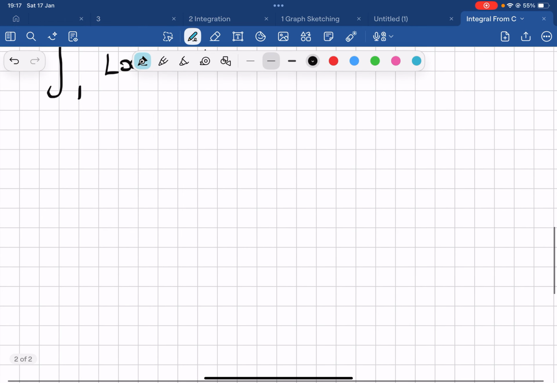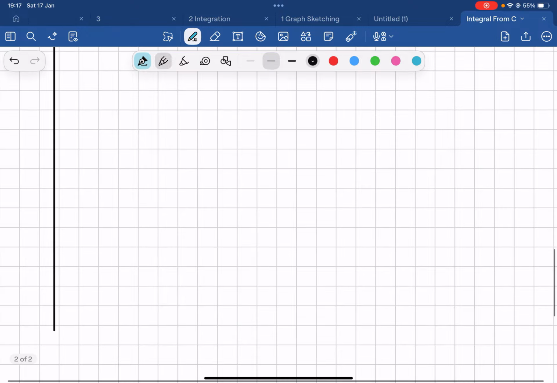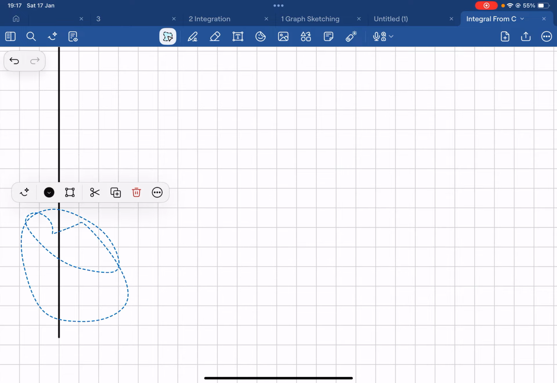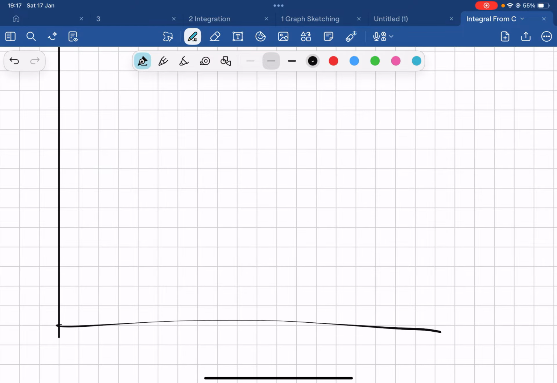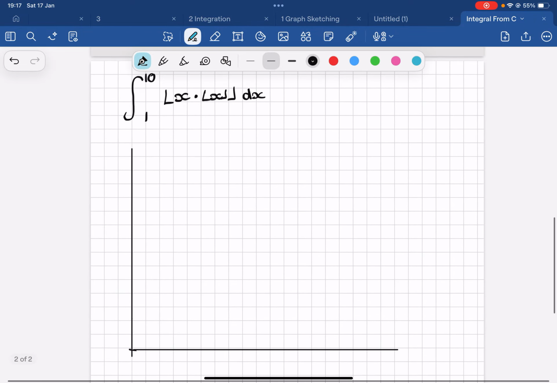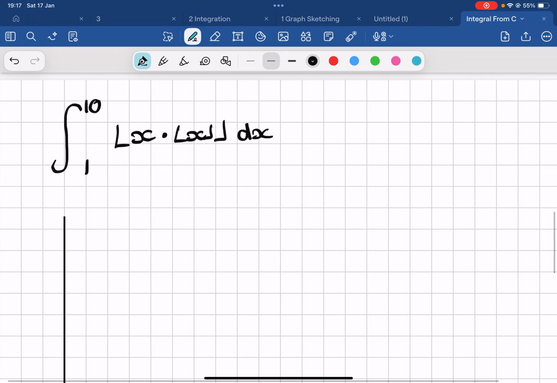So we've got, let's shift that a bit over, and so essentially you've got the floor function, so it's best just to go up in 1.